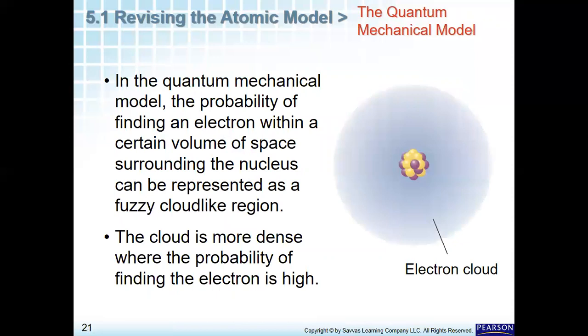In the quantum mechanical model, the probability of finding an electron within a certain volume of space surrounding the nucleus can be represented by a fuzzy cloud-like region, like you can see here. If the electron is here or here or here, it's in the electron cloud around the nucleus. And when the probability gets higher, we have something called an orbital, which we'll see later. The cloud is more dense where the probability of finding an electron is high.